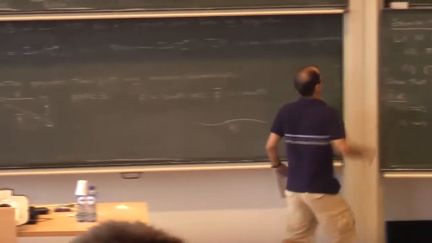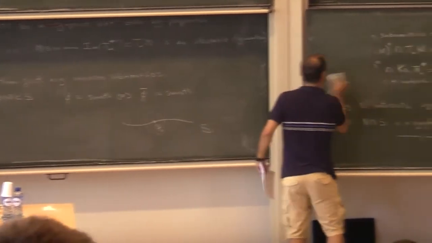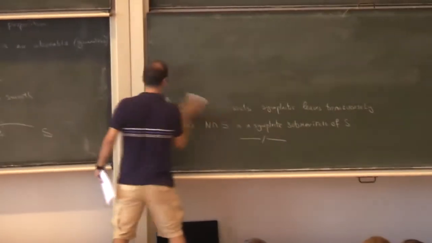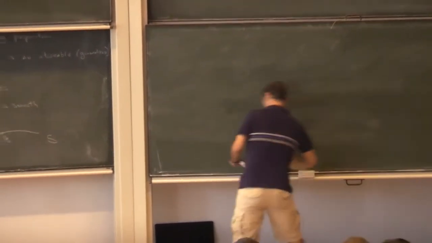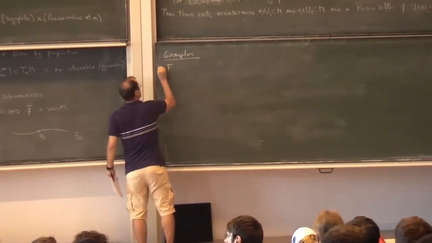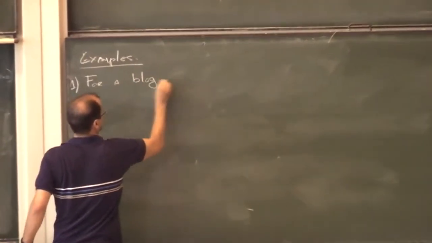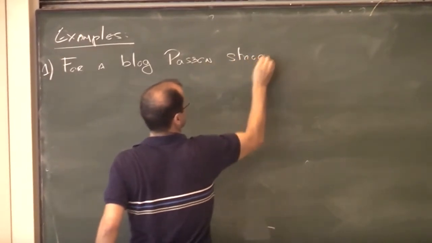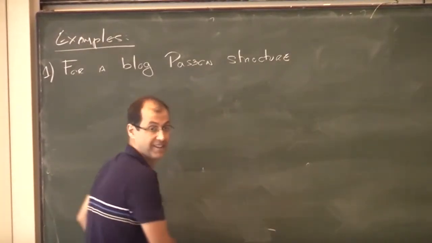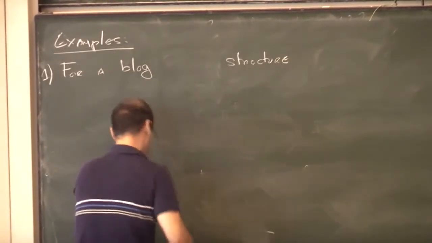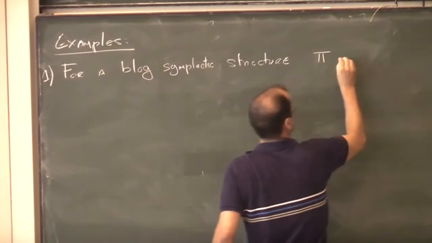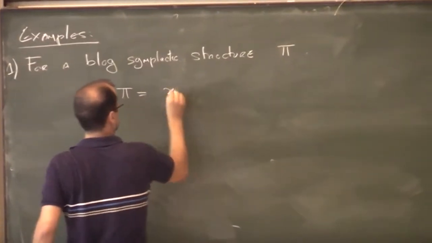I'll just say that if you go to the block Poisson structures example, the exercise that I gave you, for a block Poisson structure, now maybe I should call it a block symplectic structure, we saw that we could write this in this form.